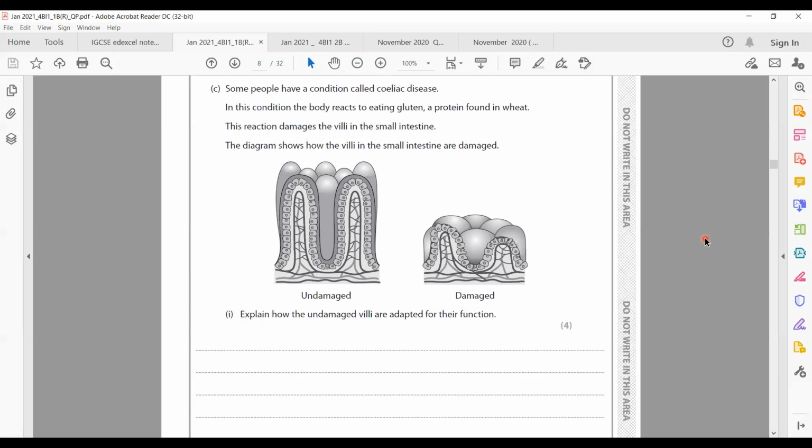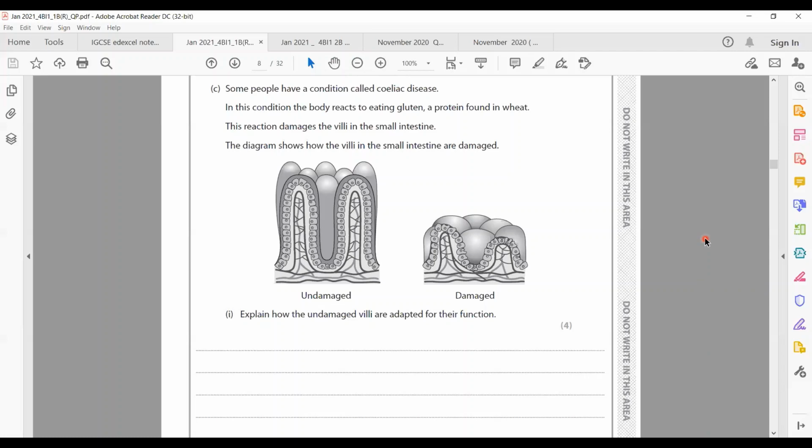They have a thin wall, which is 1 cell thick, which enables faster diffusion. They have a large surface area, so there is more efficient absorption of fatty acids. Very good. Is it only fatty acids, Salma? From the villi and the microvilli, everything is absorbed.